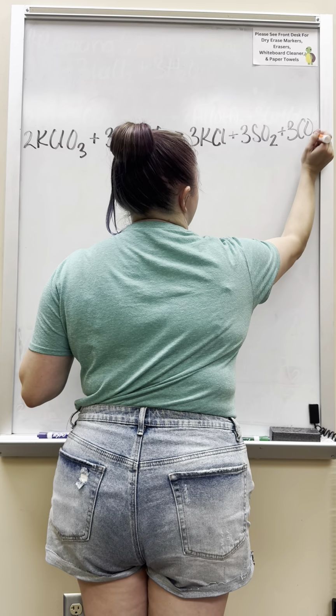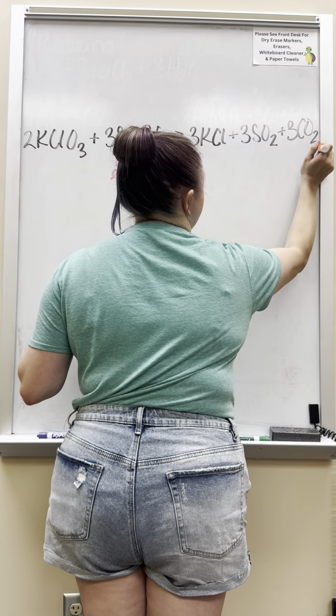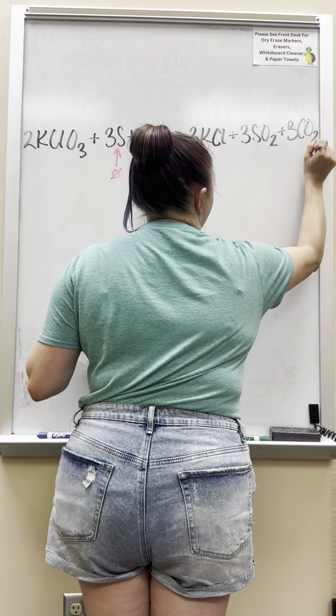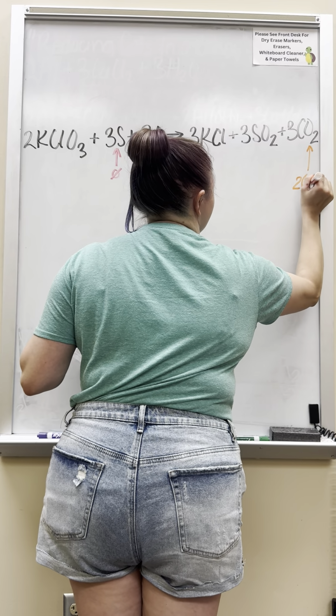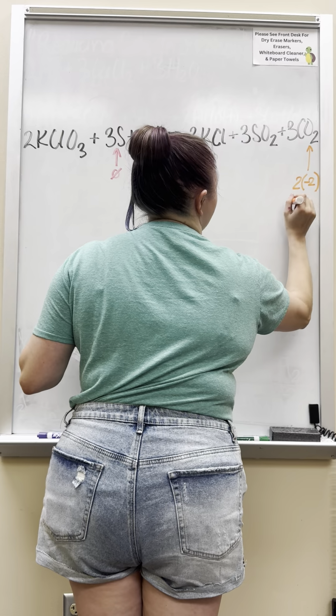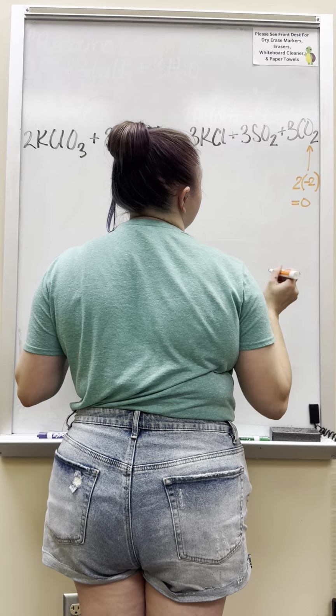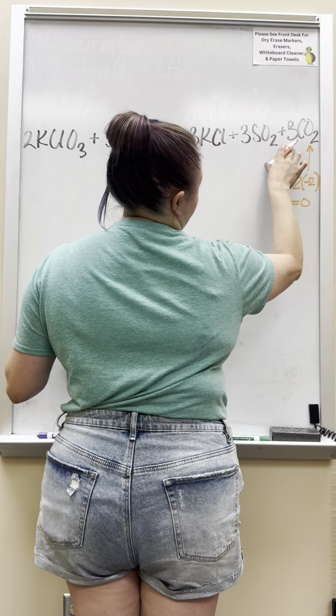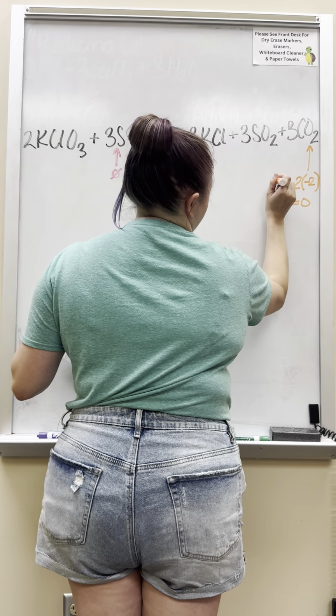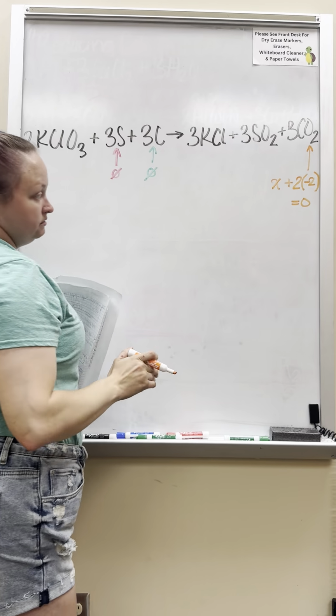We know our oxygen is going to be -2 times 2, and all of it's going to equal 0, plus something, x. What is that x?